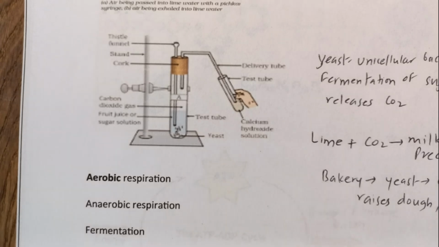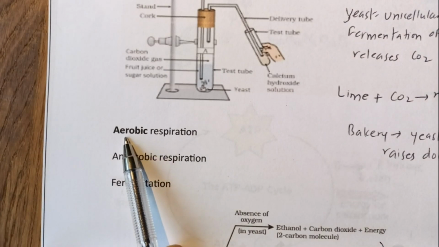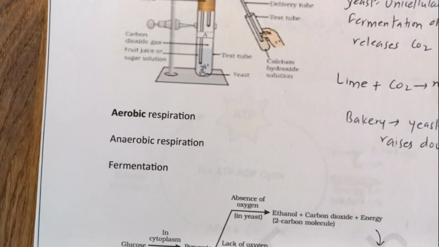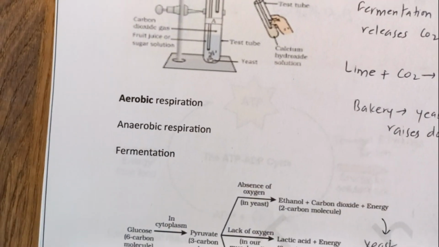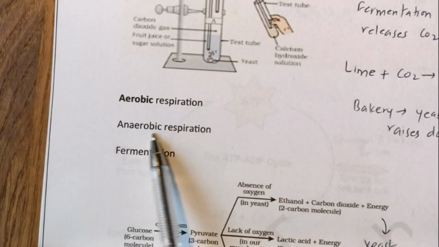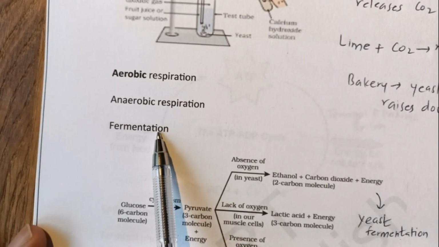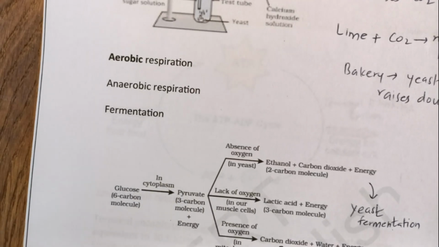Those who use oxygen have aerobic respiration, and without oxygen, that is anaerobic respiration. An example of anaerobic respiration is fermentation in yeast, which produces energy and carbon dioxide without using any oxygen, in the absence of oxygen.